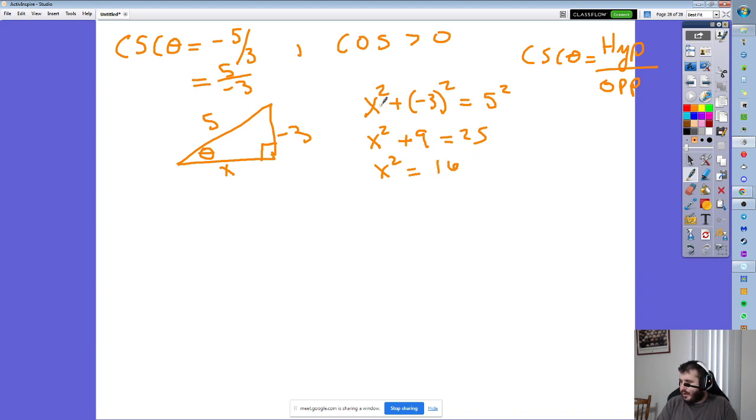And like I said, when you're doing this, start here. Make sure to write down the positives or the negatives, and then come back to this thing right here so that it can tell you the right thing. Cosine is positive, so that means that x has to be positive 4.